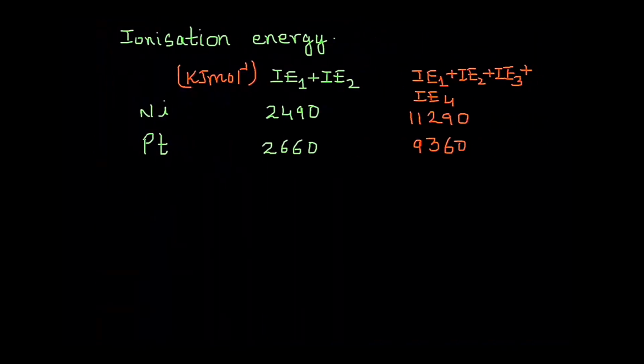This can be explained on the basis of their ionization energy. We have taken a very simple example over here. Take the case of nickel and platinum. The total sum of ionization energy 1 and 2, that means the sum of the first and the second ionization energy for nickel and platinum is tabulated over here. Nickel is 2490 kilojoule per mole, platinum is 2660 kilojoule per mole.